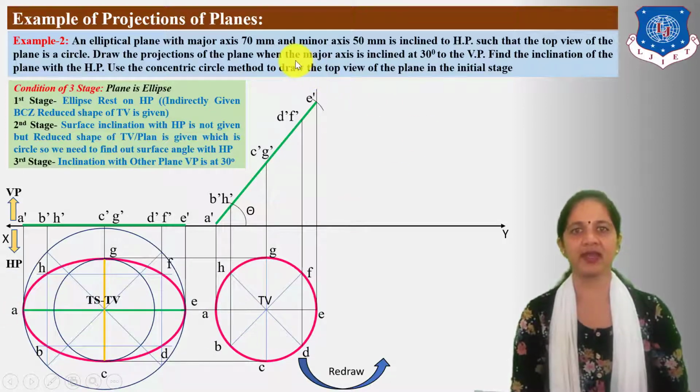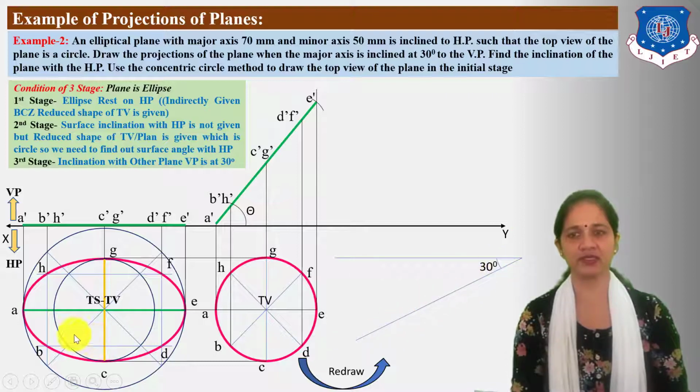And here, the apparent major axis inclination with VP is not given. So, this 30 degree angle indicates the true angle with VP. So, keep the true length AE on this 30 degree angle line, and the size of AE is given as 70 mm.